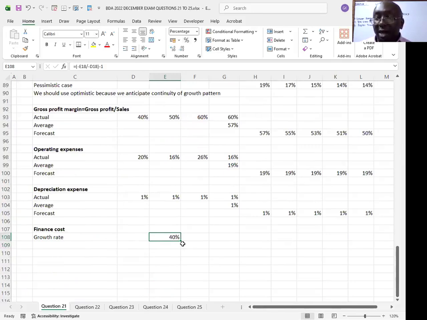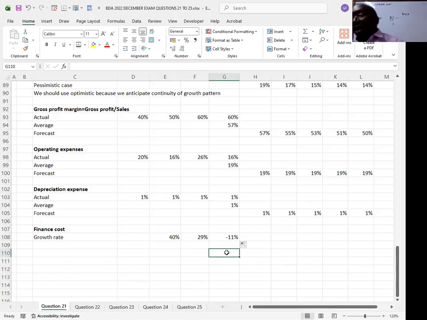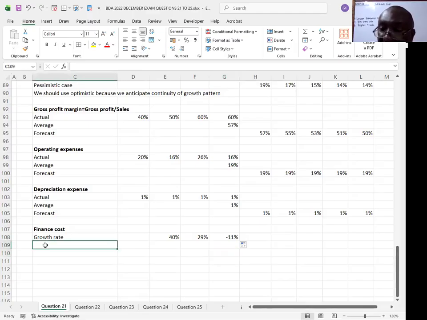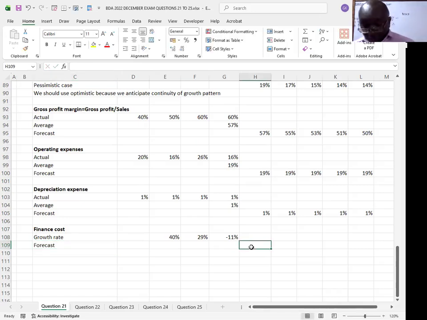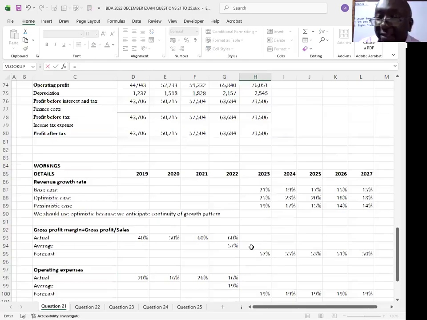So sasa hii kibia nayo mpaka hapa. So you can see now in the last year, it is a decline, meaning it's negative. So sasa, we can still call it the forecast. Tumeambiwa we should use the decline rate.